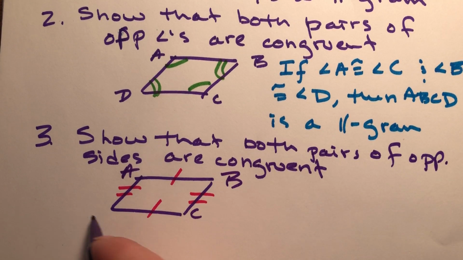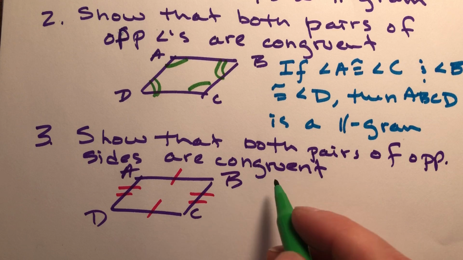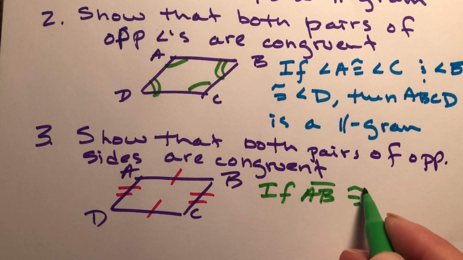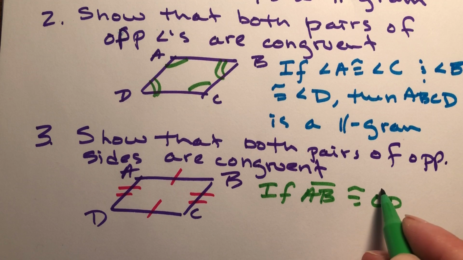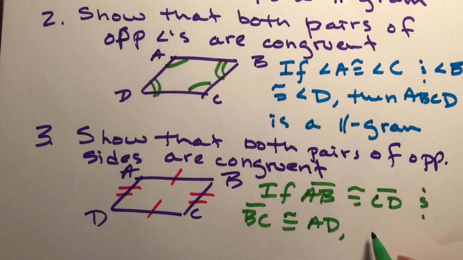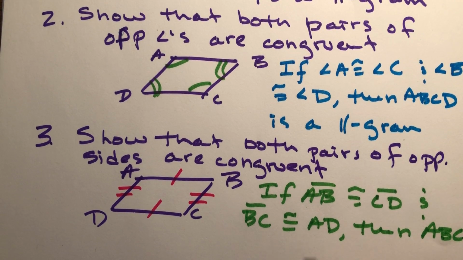A, B, C, D. So if AB is congruent to CD and BC is congruent to AD, then ABCD is a parallelogram.